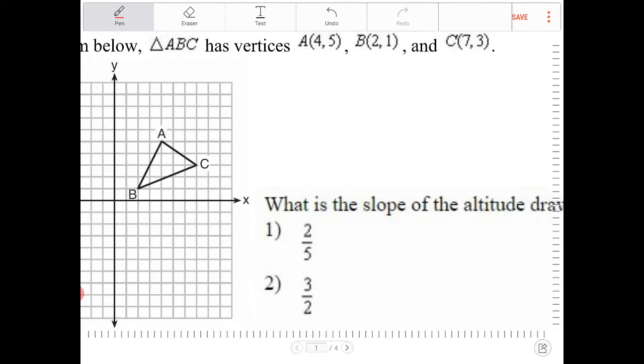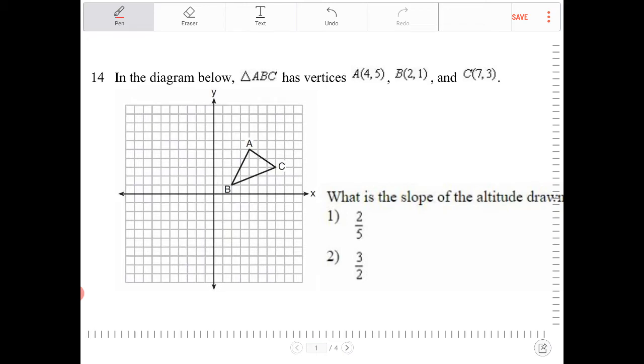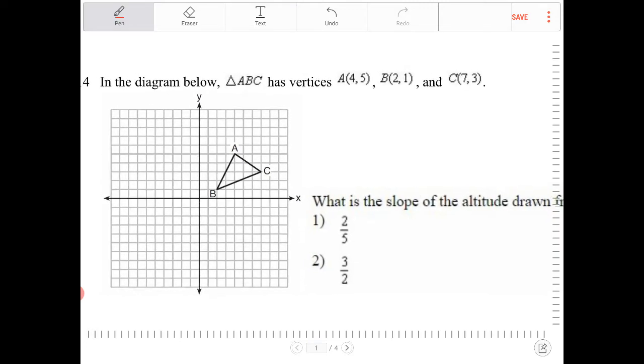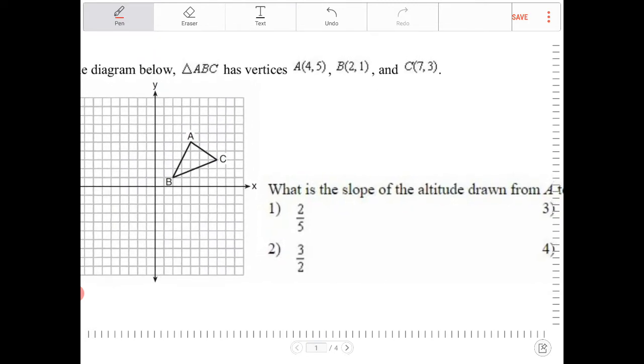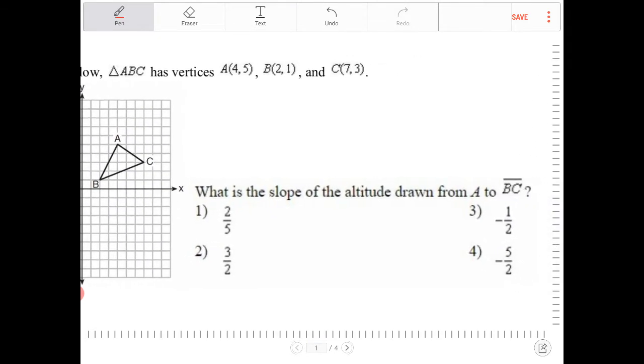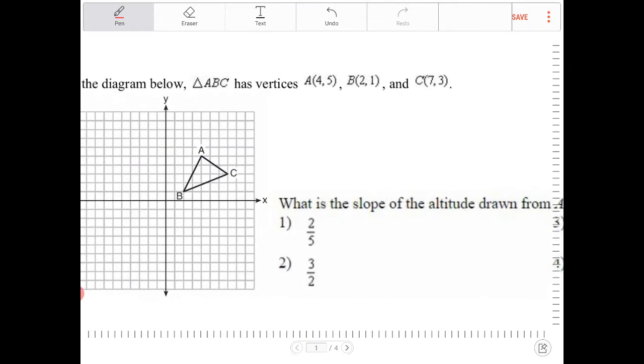Something you need to know, we didn't cover this yet in the lesson series, because this is the first lesson out of Unit 3: an altitude is a line drawn from a vertex such that the line drawn to the opposite base has to form a 90-degree angle.